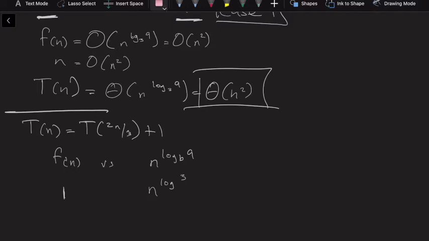Sorry, b is 3/2 and a is 1. So what is log base 3/2 of 1? Well, log of 1 in any base is 0, so it's n to the 0, which is 1.